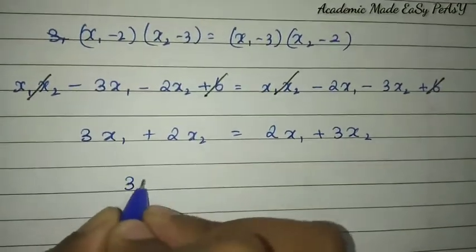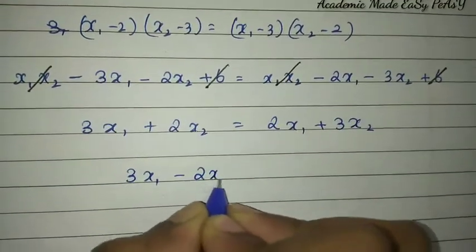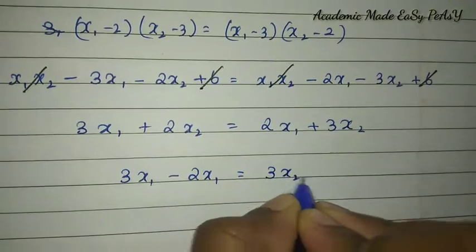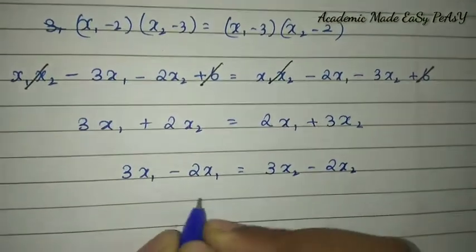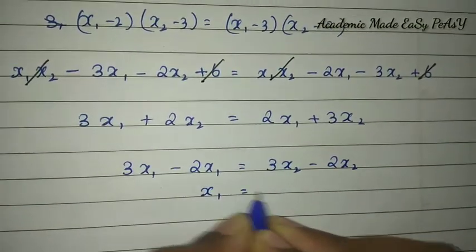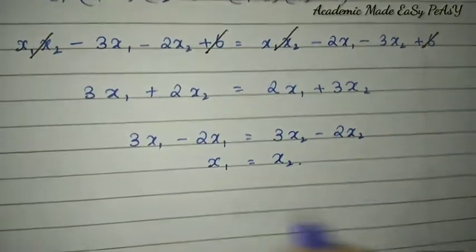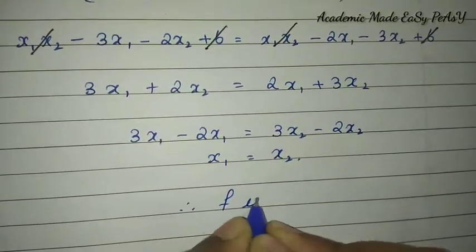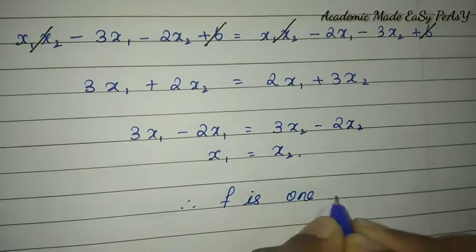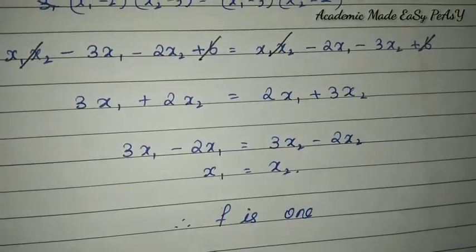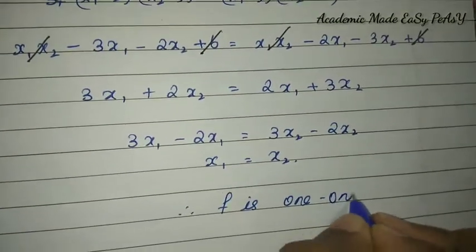It means 3x1 minus 2x1 is equal to 3x2 minus 2x2. It means that x1 is equal to x2. So therefore, f is 1 to 1. Now let's see for onto.